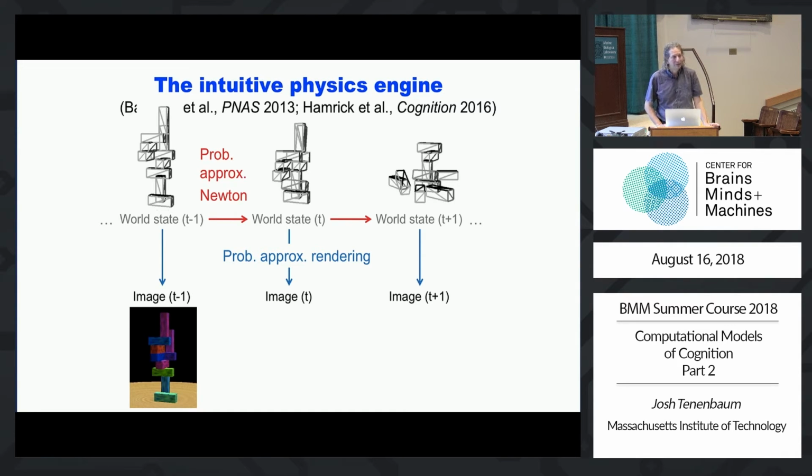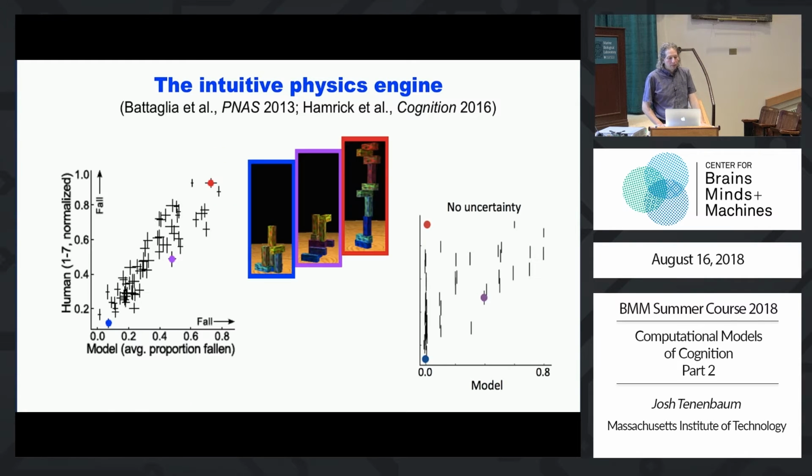Okay. So to turn this into an actual quantitative experiment and model, we have a bunch of people make, say, 1 to 7 judgments, but they could also make binary judgments, and you could average. It comes out the same. And then what we're plotting on the y-axis here are the average of a group of subjects where each dot is for one of these tower stimuli.